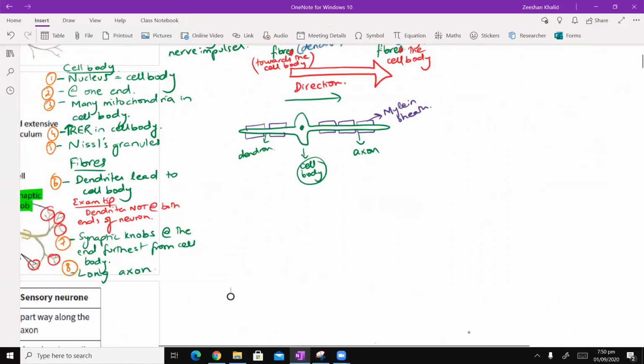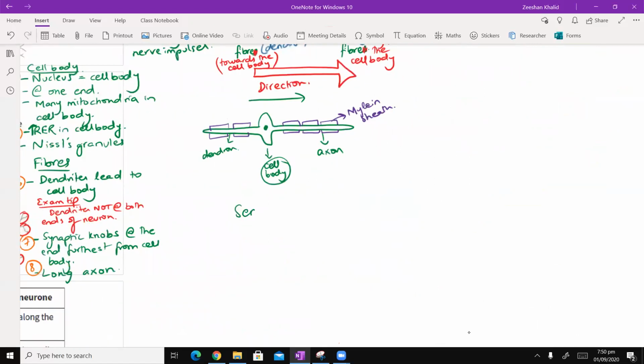Now if we talk about the sensory neuron, then how is sensory neuron different from the points of the motor neuron? देखिए, बाकी सारे points जो common हैं वो तो हैं, like for example the nucleus, it's within the cell body. And then of course many mitochondria, again that's common.